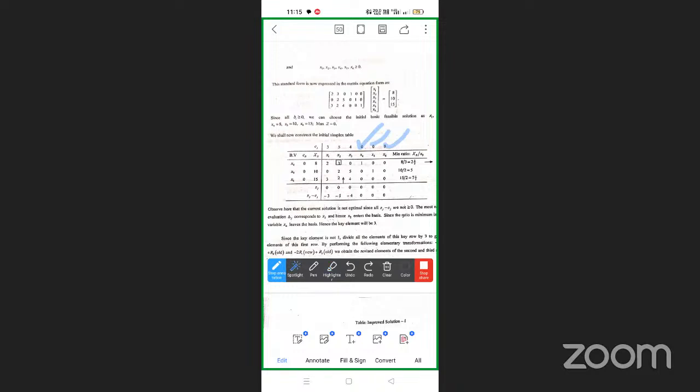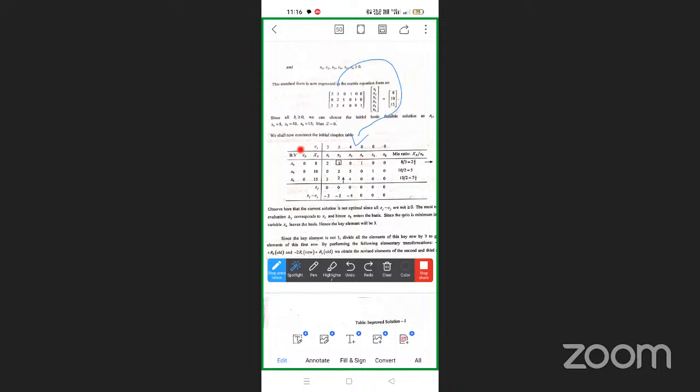XB is 8, 10, 15. Then we write the same matrix here: 2, 3, 0, 1, 0, 0 for the first row, then the second row and third row, under x1 to x6.